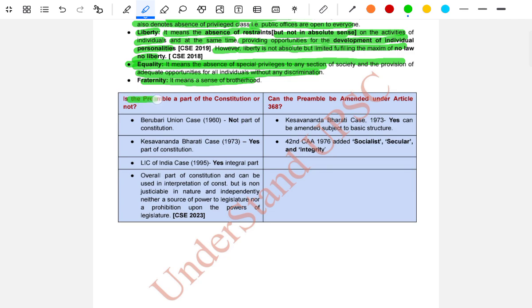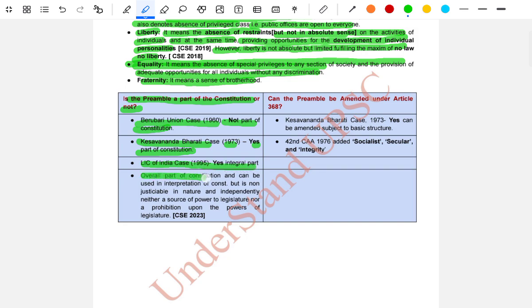Is the preamble a part of the constitution or not? Berubari Union Case 1960: not part of the constitution. Kesavananda Bharati Case 1973: yes, part of the constitution. LIC of India Case 1995: yes, integral part.